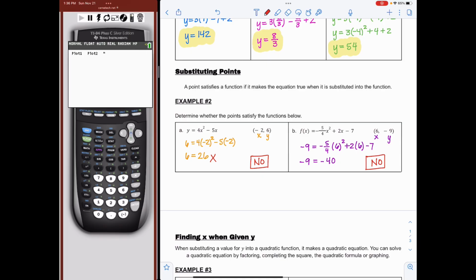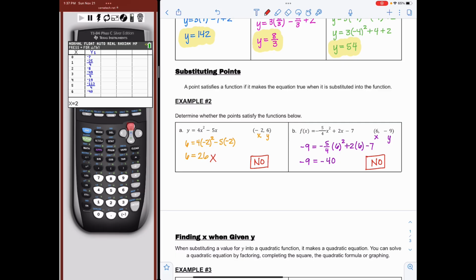For part B, you would have typed in the function negative 5 over 4 times x squared plus 2 times x minus 7 and went to the table. And we wanted to see that when x was 6, y was a negative 9. And we see here that when x is 6, y is equal to 40. So we know that it is not.